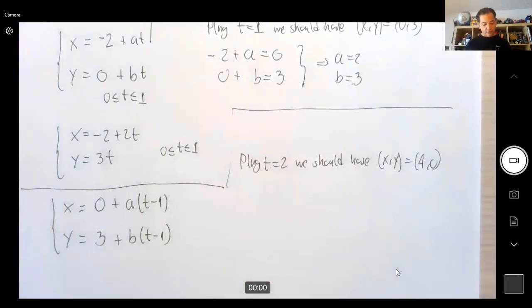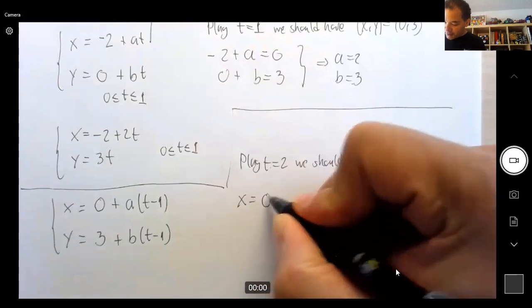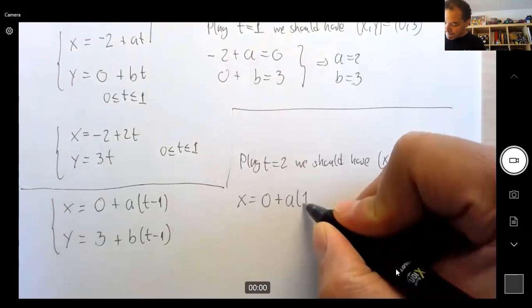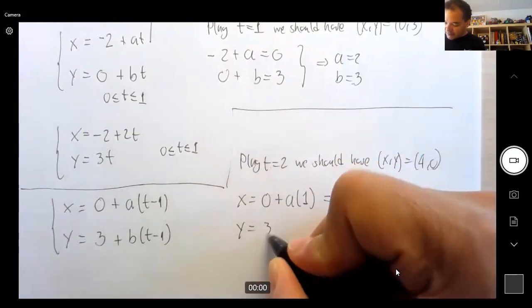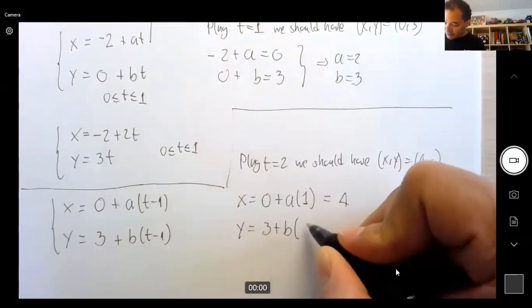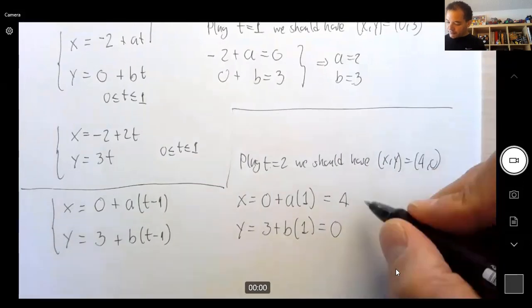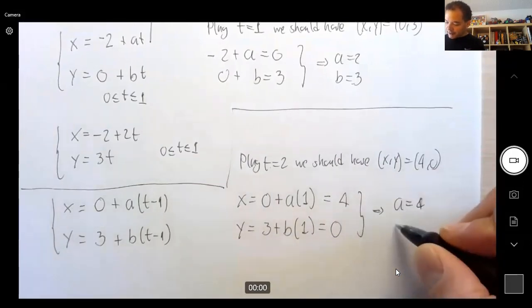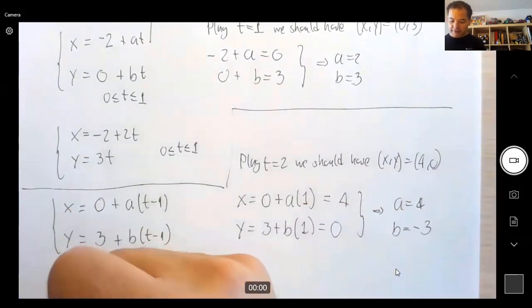All right. So now we'll plug it, and what we get is x equals 0 plus a times 2 minus 1, and this should be 4. And y is 3 plus b times 2 minus 1, and that should be 0. So from here, a is 4, and b is negative 3. So here's my answer.